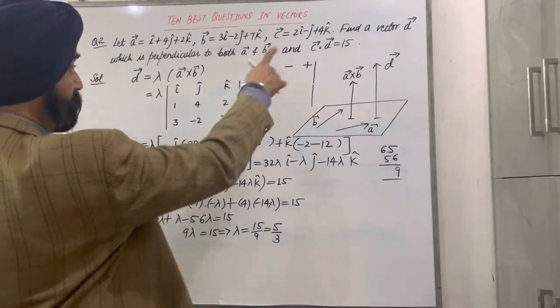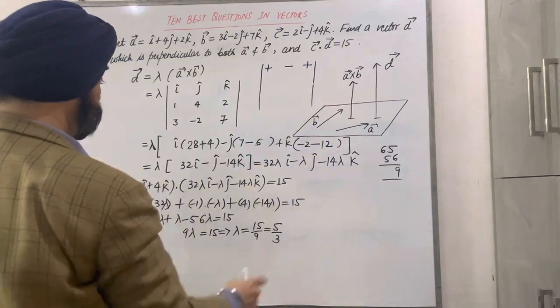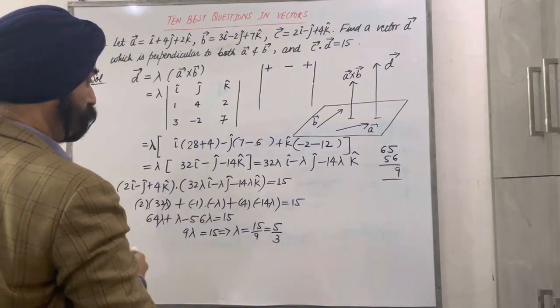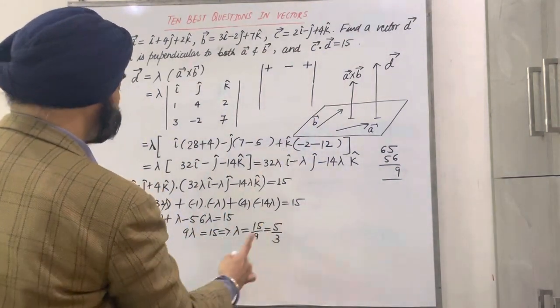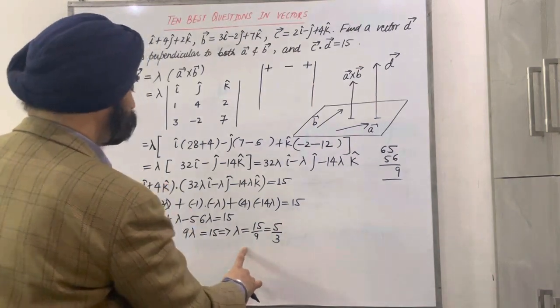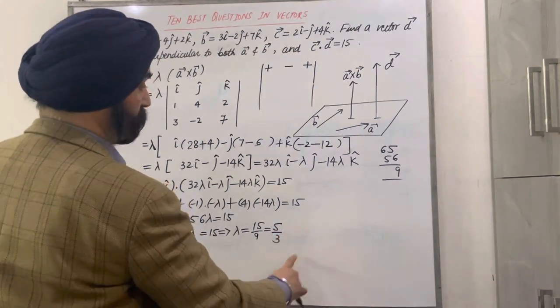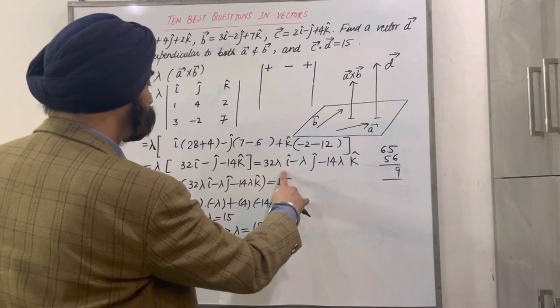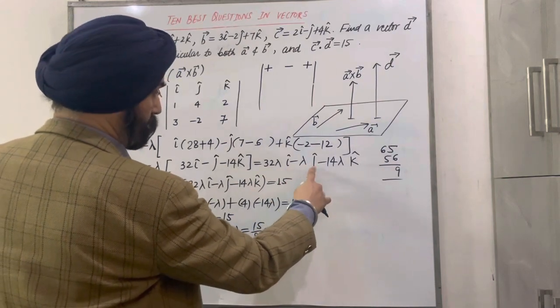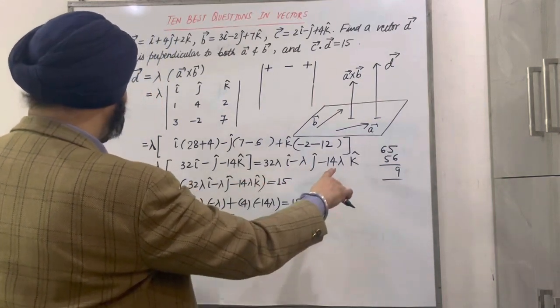Now you are being asked to find vector D, where we wrote vector D, but what was missing? It was this lambda that was missing. So this lambda, which is 5 upon 3, must be utilized here, here and here to write our final answer.